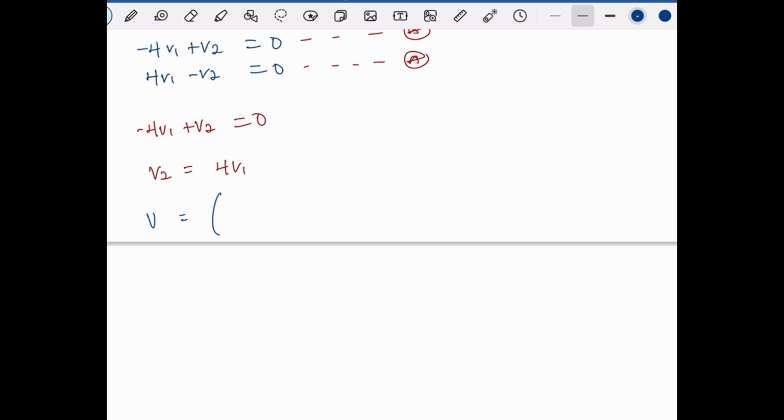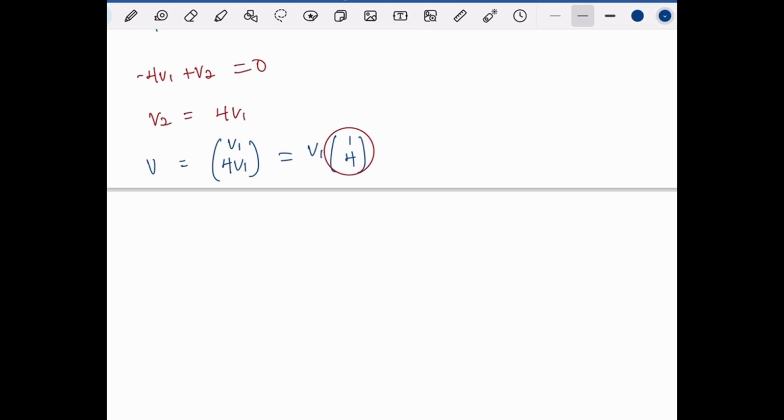So our vector v will be v1, and v2 is 4v1. Now we can factorize v1 out to get 1, 4. So your eigenvector for lambda 1 is 1, 4. So we have v is equal to 1, 4 for lambda 1 equal to minus 1.